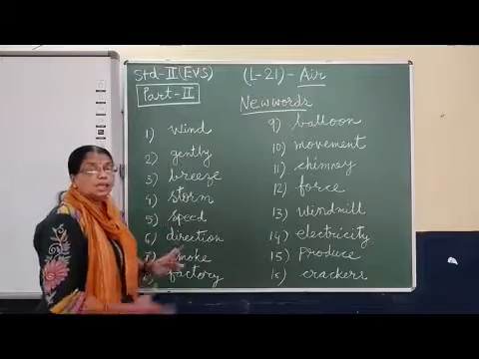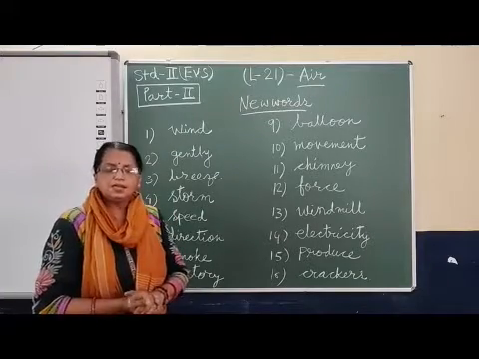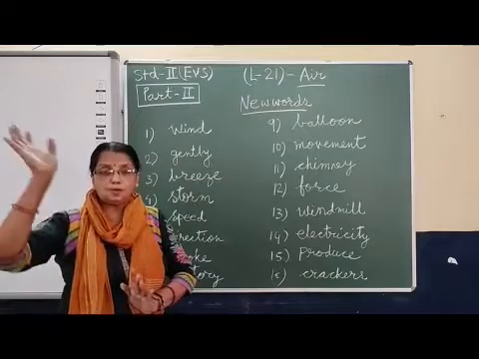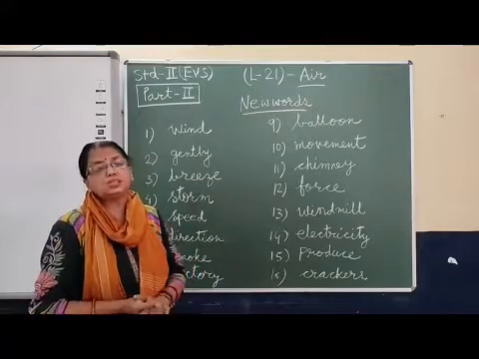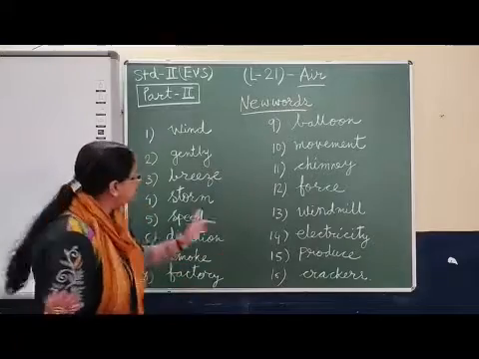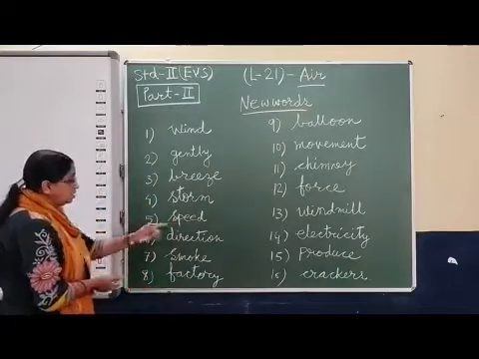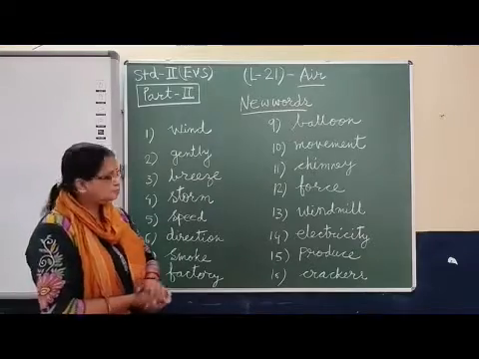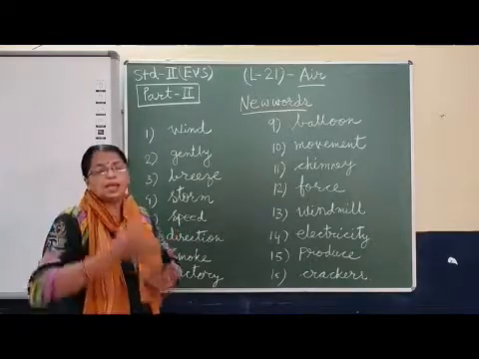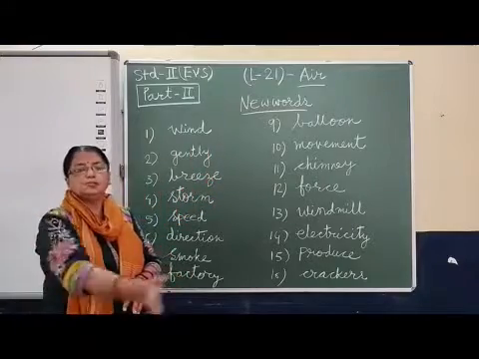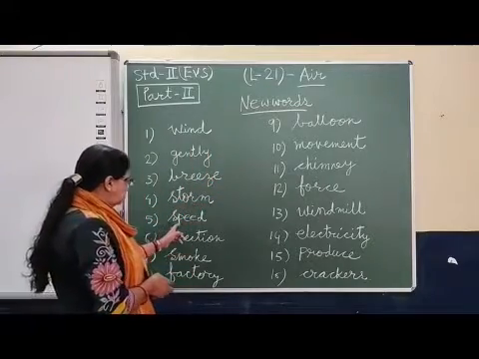We feel very good. Okay? Storm. When the air blows very fast, that is storm. It can uproot trees, uproot the roof of the kacha houses also. It destroys many things. Storm. S-T-O-R-M. Storm. Speed. Air has speed. That is why kite flies, smoke from vehicles moves in one direction.